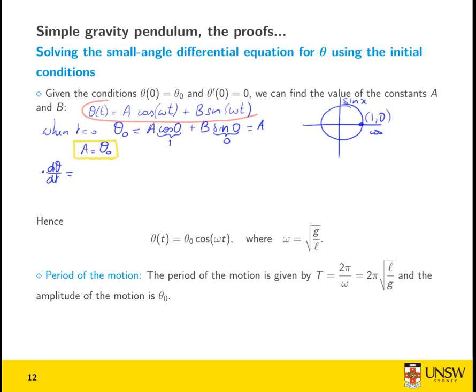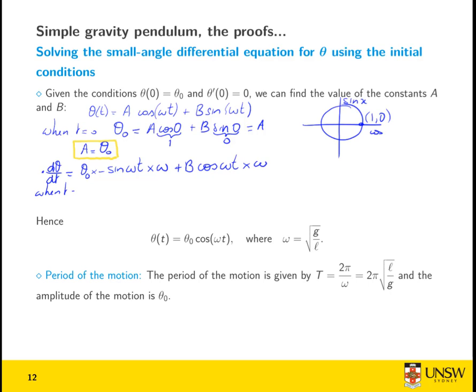We know that a is theta 0, that's a constant. The derivative of cosine is negative sine. And because of the chain rule, we need to multiply by omega. Same thing with the second term. B is a constant. The derivative of sine is cosine. And we multiply by the derivative of the inside function.